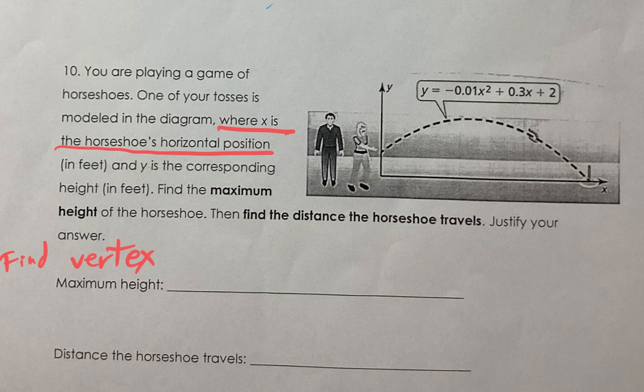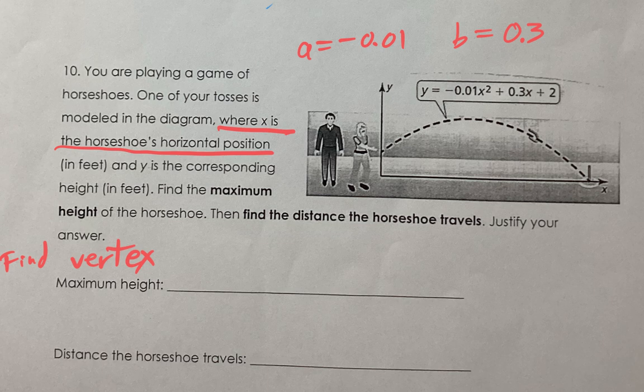So I know that a equals negative 0.01, and I know that b equals 0.3. And I don't necessarily need c, but that would be 2. I'm not going to put that in there because I don't need it to find my vertex.